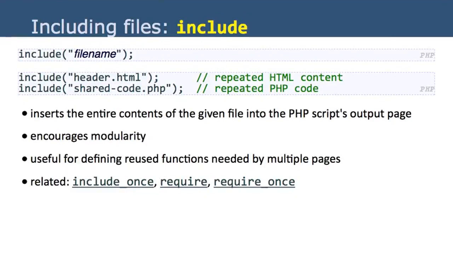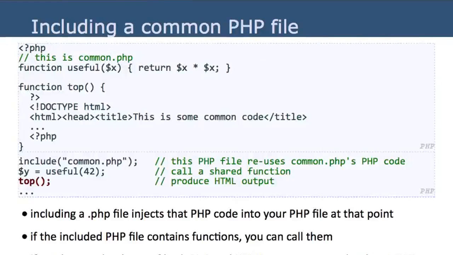If we have multiple pages that use a lot of the same or very similar HTML, we can factor out that similar HTML into a file, which we then include from two different places, or 10 different places if we have 10 different pages on our website. And that's what we do with include.